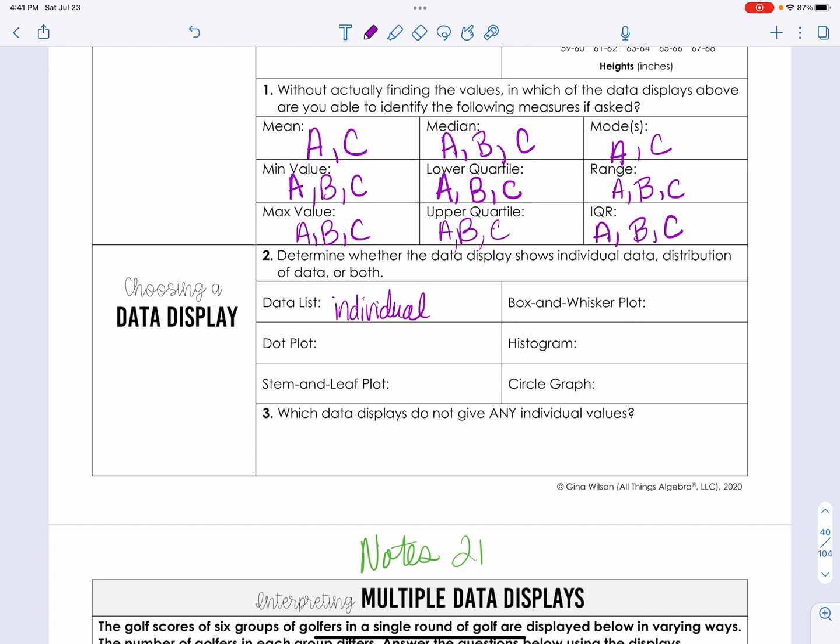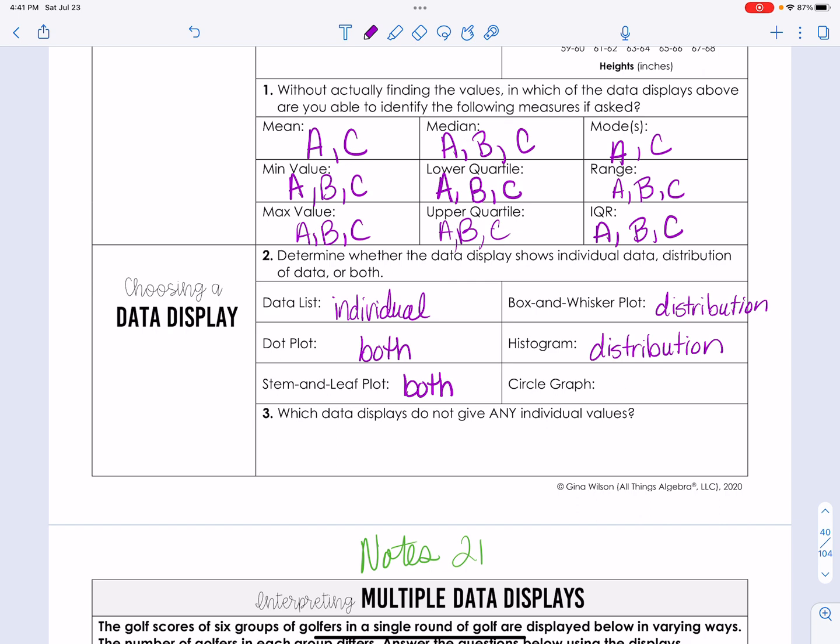A box and whiskers shows the distribution, so you can see if there's a lot that are high or low. A dot plot, you can see both. A histogram, you can see a distribution, but you're not really going to be able to tell me individual data. A stem and leaf, you can do both because you can see the numbers and you can see how it's distributed.